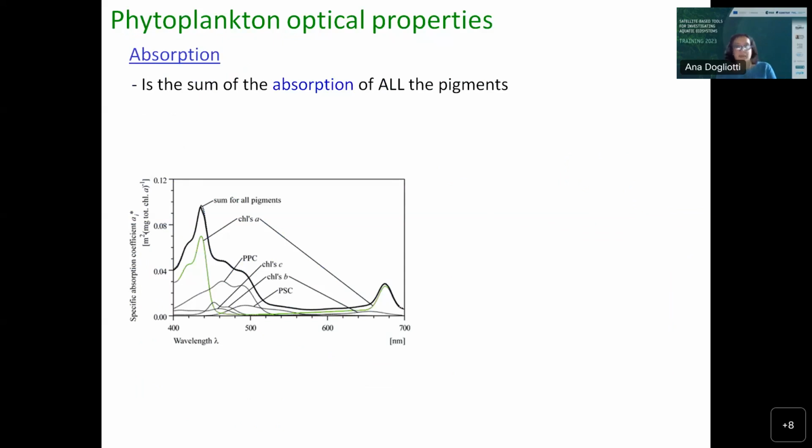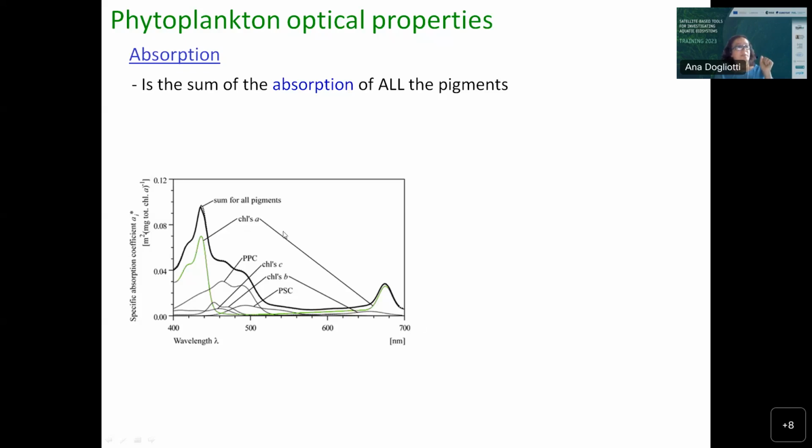Next, the phytoplankton. I will talk about the absorption and backscattering of phytoplankton. Basically, what we call phytoplankton absorption is actually the sum of the absorption of all the pigments that are in the cells, in the different species, whatever you have in the water body at this time. In this plot, you have absorption against wavelength on the X axis.